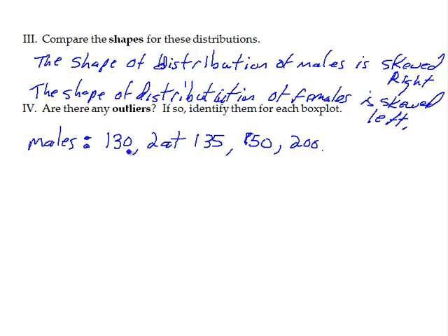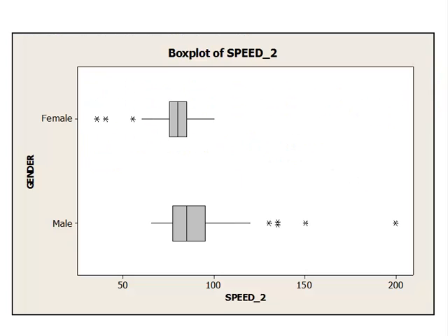No, I'm sorry. 1, 2, 3, 4, 5 outliers to the right. For the females, we had 3 at the left, 55, 45, and 40.